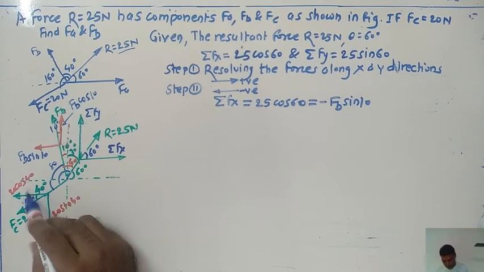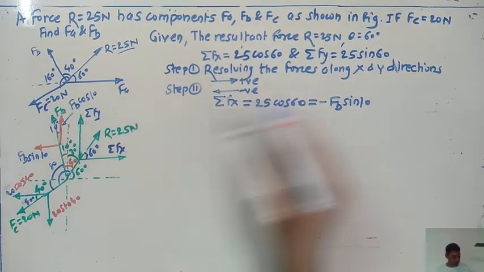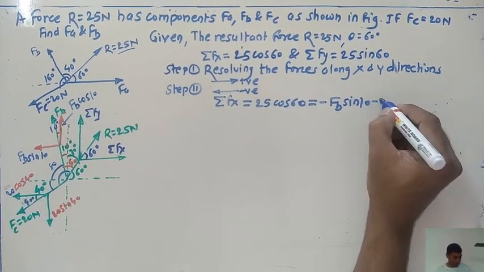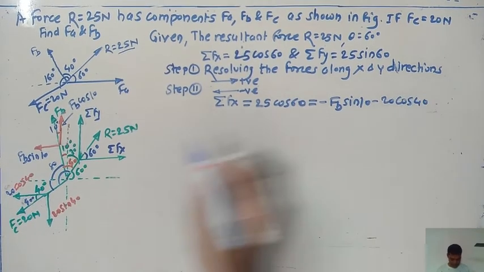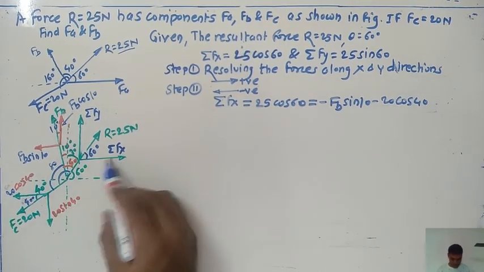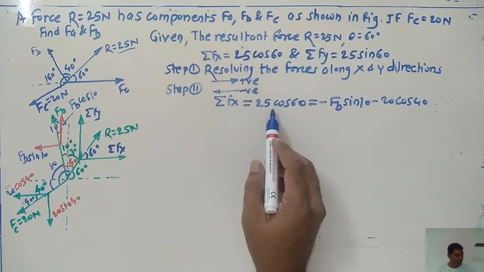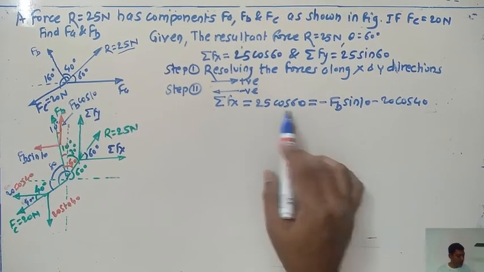Apart from this, 20 cos 40. This force is also running in the opposite direction, so 20 cos 40 degrees. Already we have considered this force here. So try to simplify this and get the solution for FB.